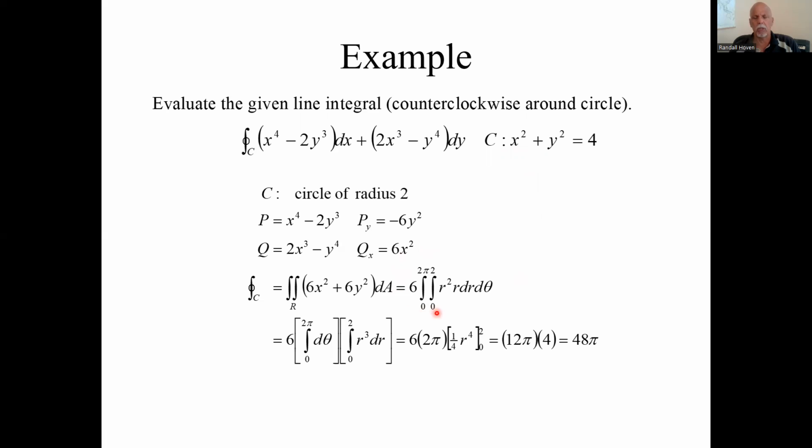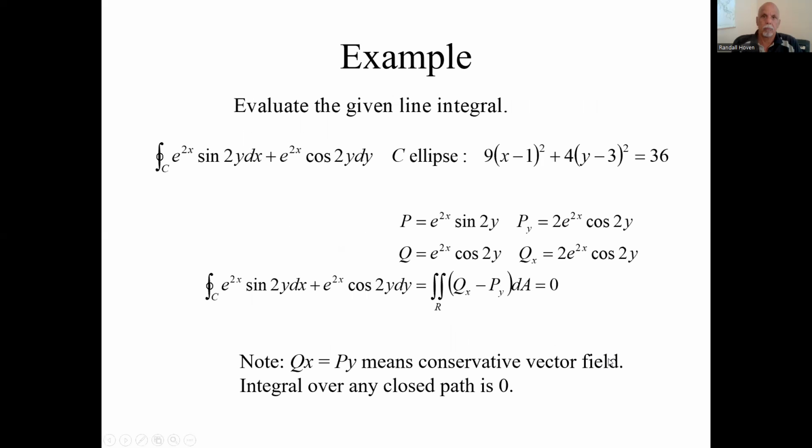Here is the setup. This is the kind that splits up into a product. So it'll be the integral of d theta, which is just going to be 2 pi, and then r cubed from 0 to 2.